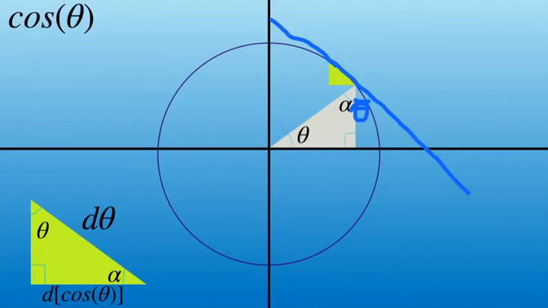That means this angle right over here has to be theta, right? And if this angle is theta, then this angle, if we just sort of add it as well, right? So if this is 90, then this must also be 90, right? And since alpha plus theta equals 90, this must equal alpha, and this corner angle must equal theta, right?